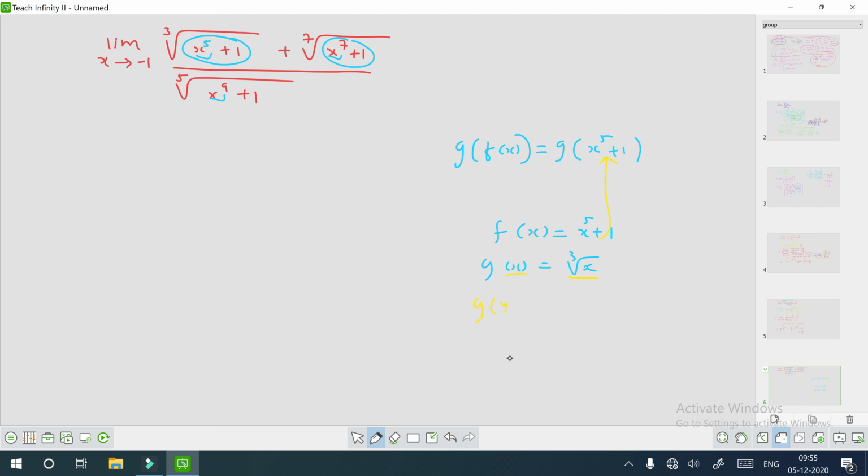So, g of y is equal to cube root of y. G of 2 is equal to cube root of 2, taking x is equal to 2. So, g of some function is equal to cube root of that function. Image of image. In 12th standard we are going to see in detail that this type of function is called a composite function.